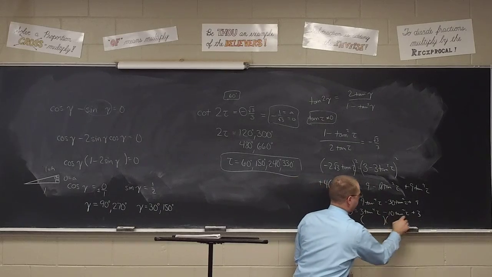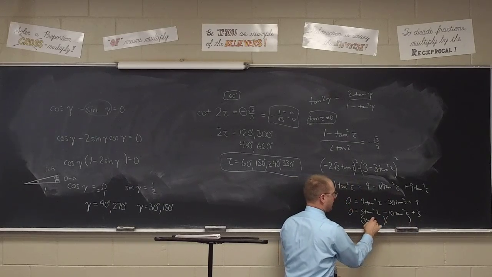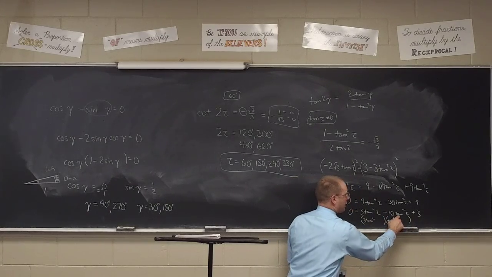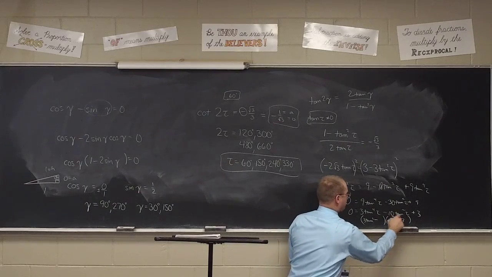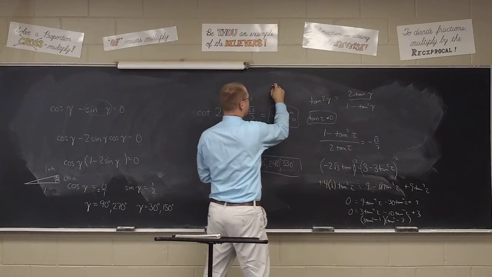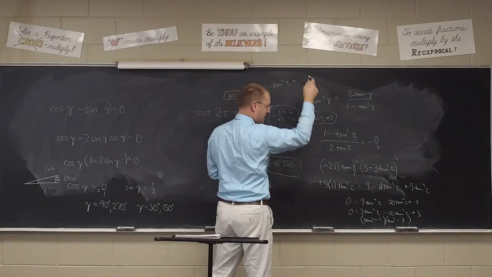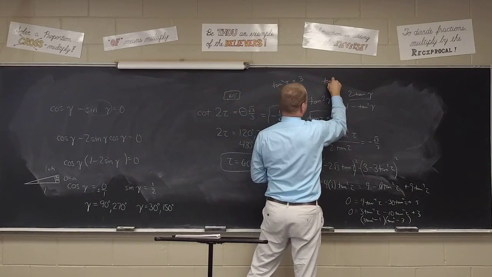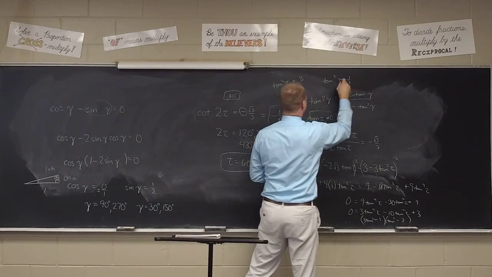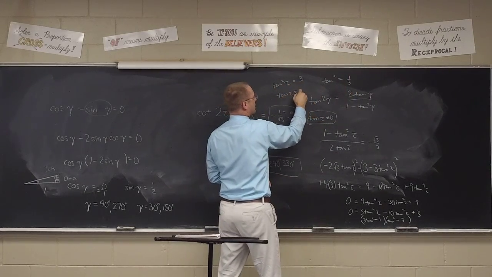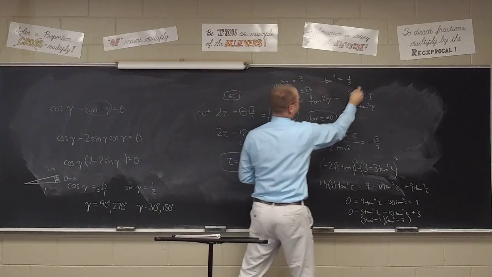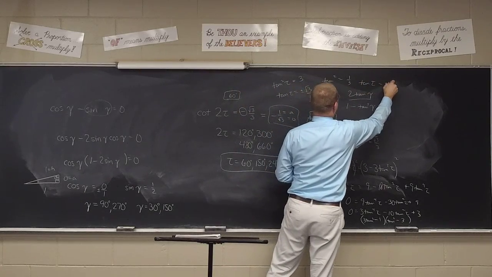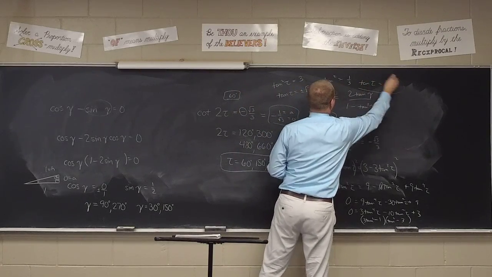You could backwards FOIL and get 3 tangent squared and tangent squared, signs both negative, 3 and 1. So tangent squared is equal to 3, and tangent squared is equal to 1/3. That means tangent tau is equal to plus or minus square root of 3, and tangent tau is equal to plus or minus 1 over square root of 3.